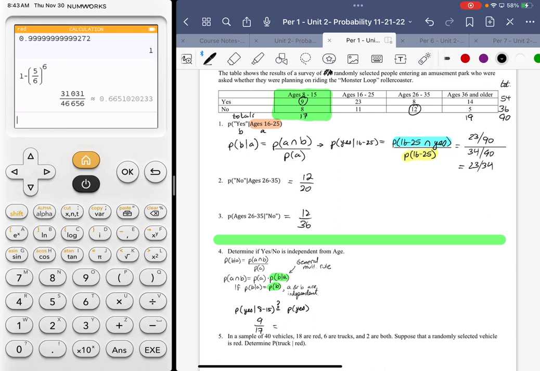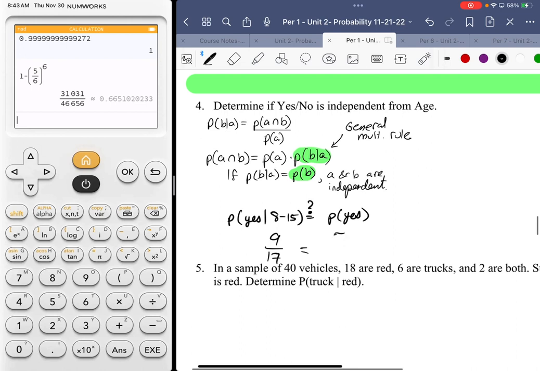And then I would just want to compare that to the probability of getting a yes overall. This is the number of yeses overall, right? So that's up over here. Number of yeses overall and number surveyed in total, 54 out of 90. All right, so I would just check.